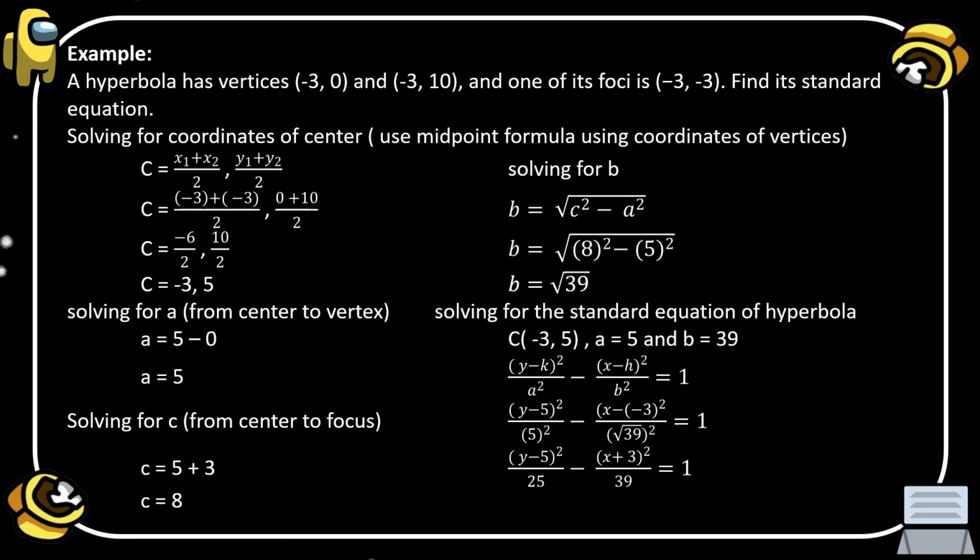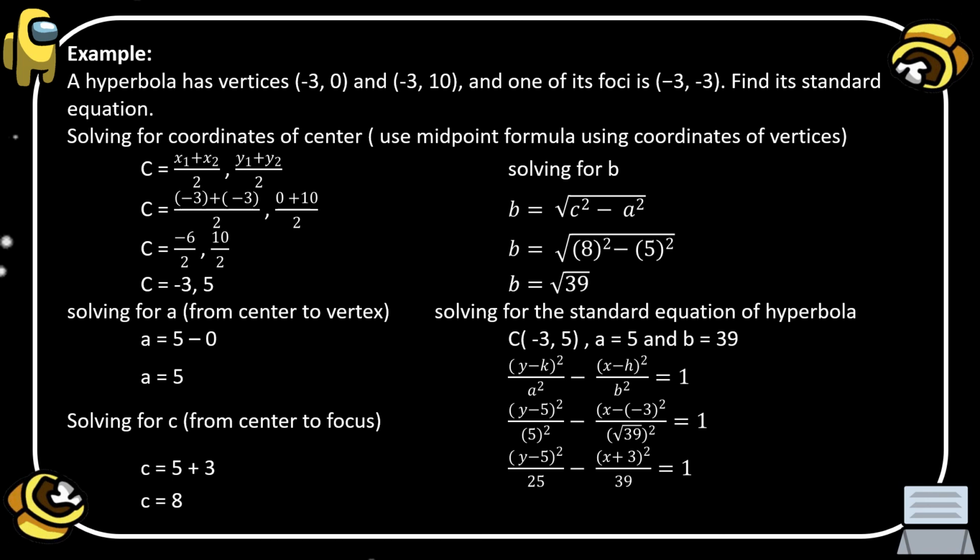Then, next, since we have the value of a and the value of b, you can get the standard equation of the hyperbola using the equation of a vertical hyperbola, which is the quantity y minus k squared over a squared minus the quantity x minus h squared over b squared is equal to 1.